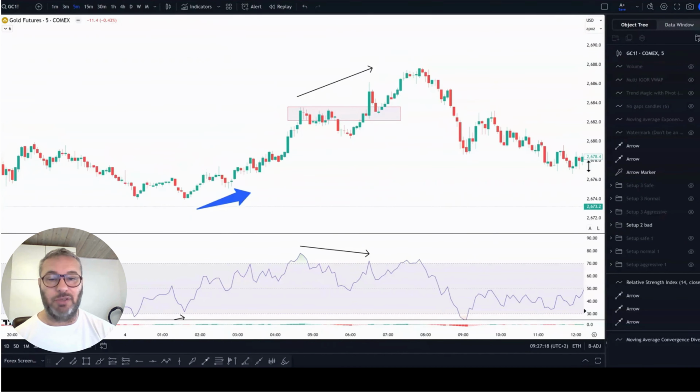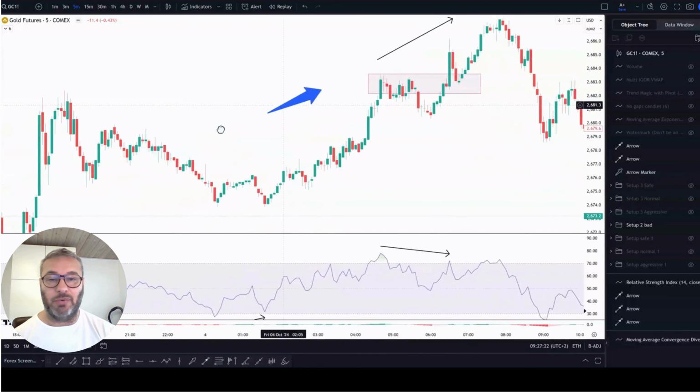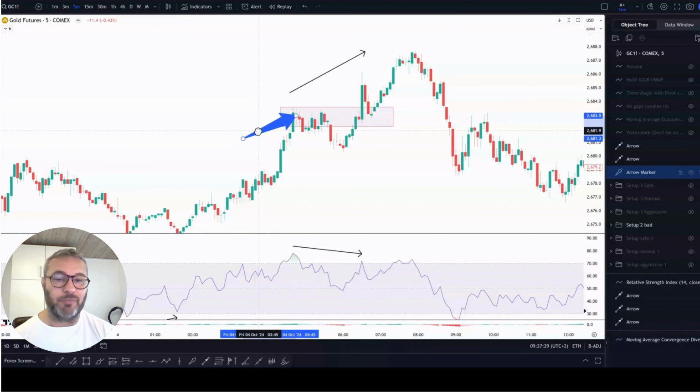There is a simple reason why I wouldn't take this setup. As you can see here, when price made the divergence, I have a box which is a support area, and price never really came down and broke this area.